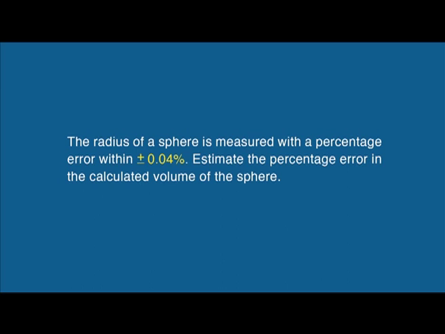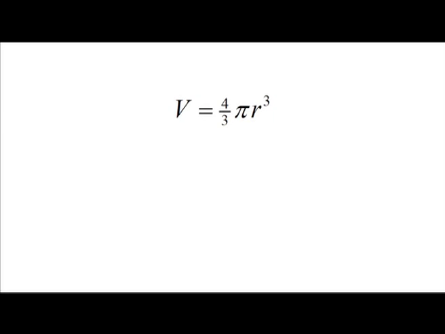As another example, the radius of a sphere is measured with a percentage error within plus or minus 0.04 percentage. Estimate the percentage error in the calculated volume of the sphere. The volume of a sphere having radius r is V is equal to 4 by 3 pi r cube.